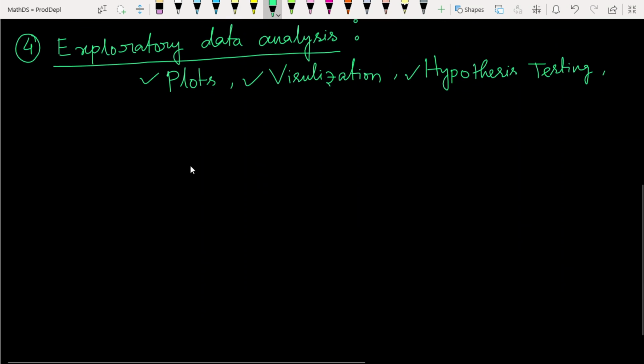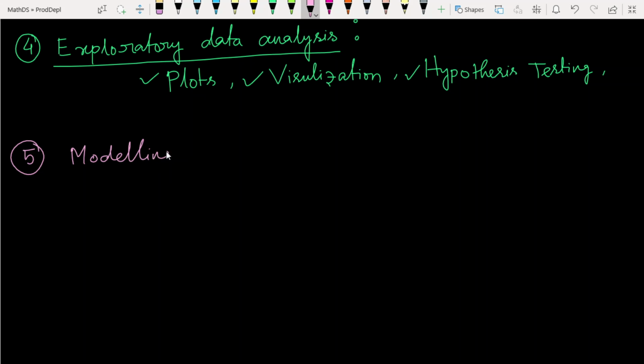Okay, so that is the fourth step. In the fifth step, after understanding this data in exploratory analysis, we have to apply the right models onto it.